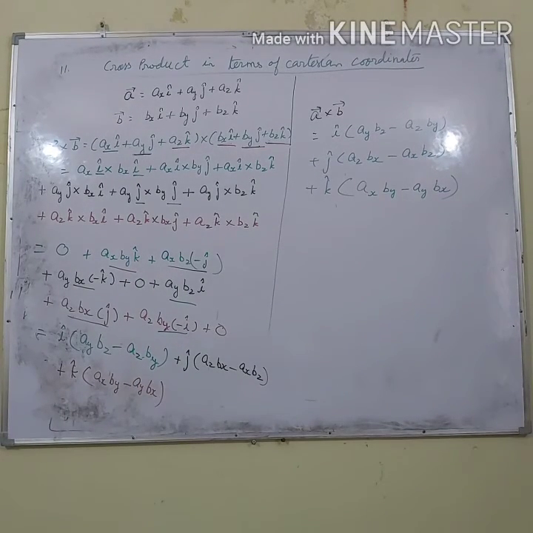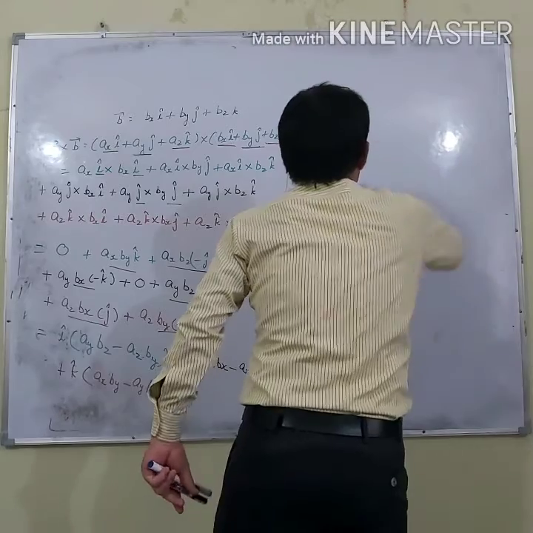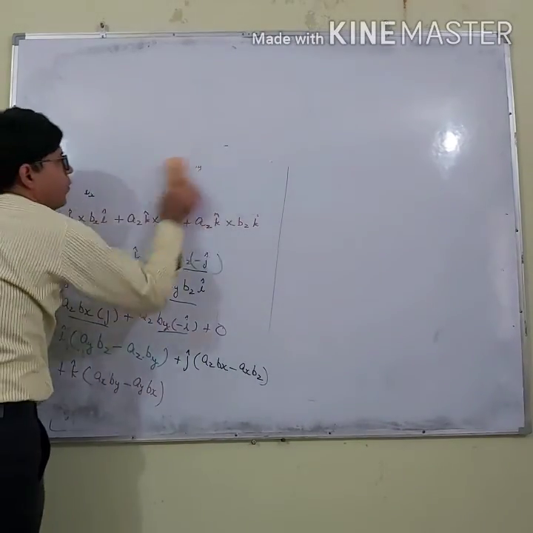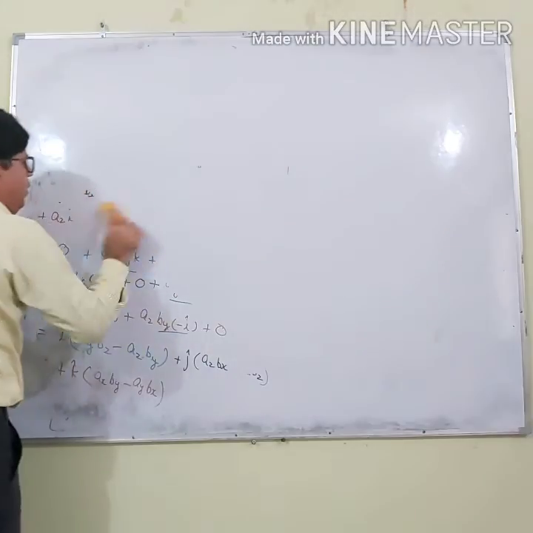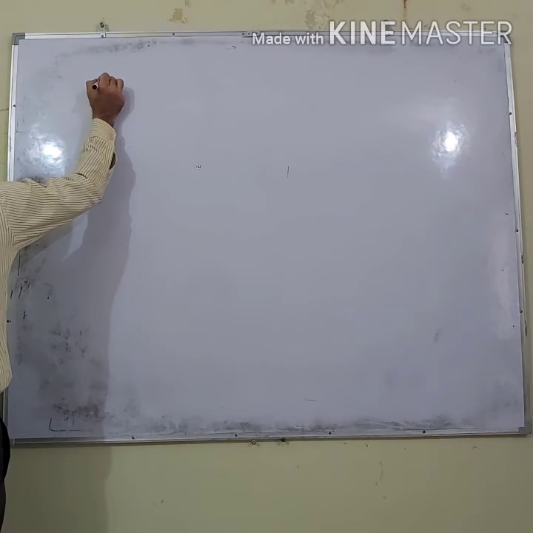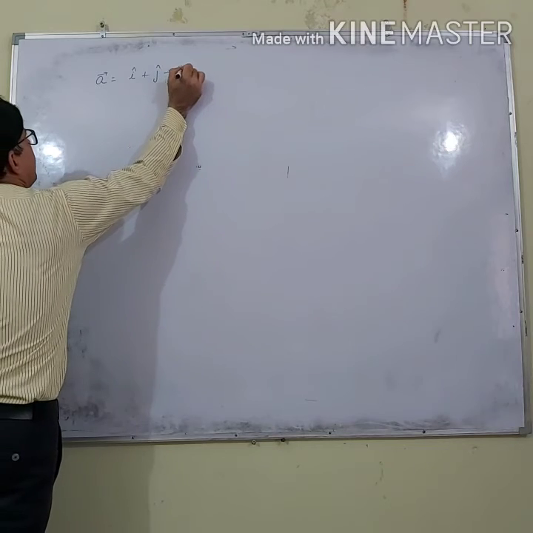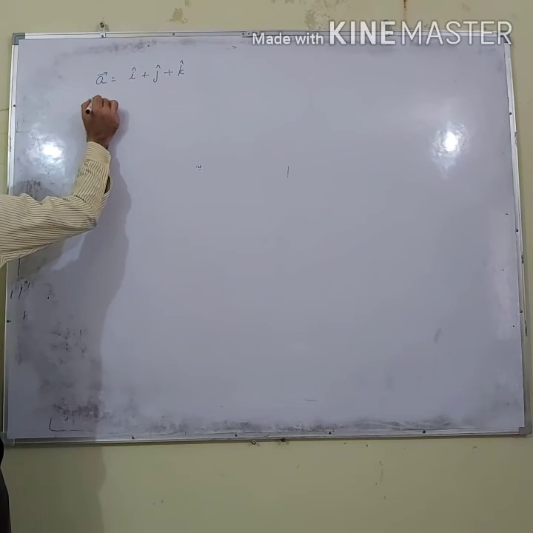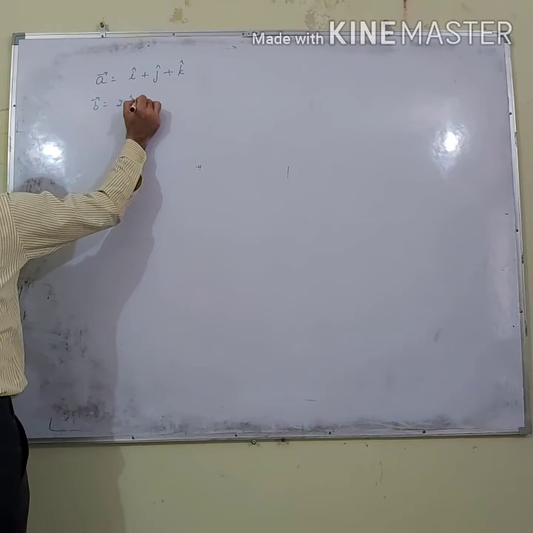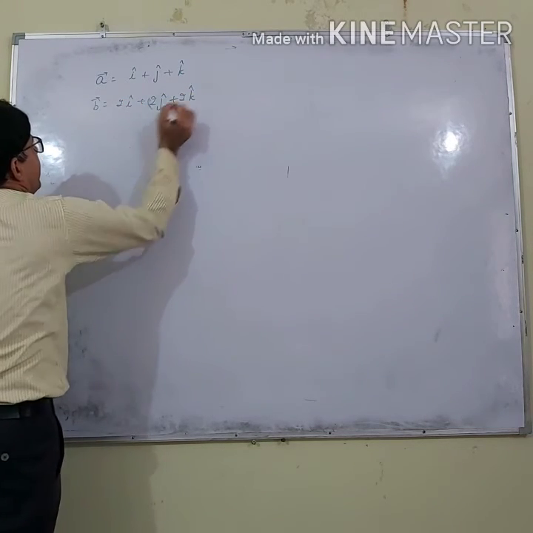So let us do some questions based on the cross product. What is the question? Question is, you are given two vectors, one is a i cap plus j cap plus k cap, and vector b is 2i cap plus 2j cap plus 2k cap.